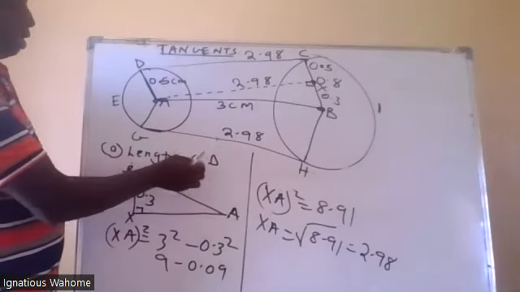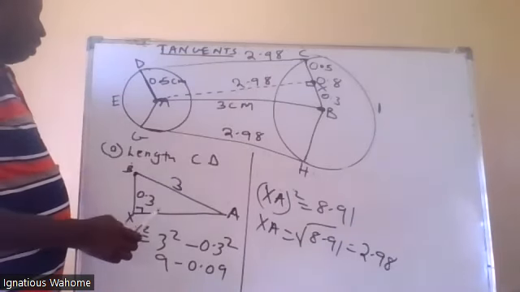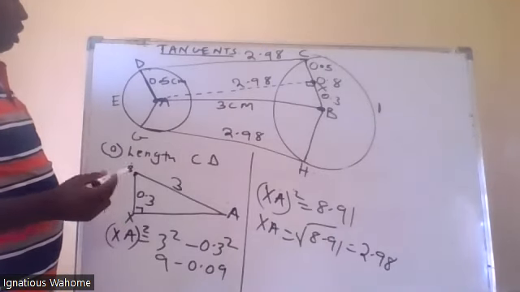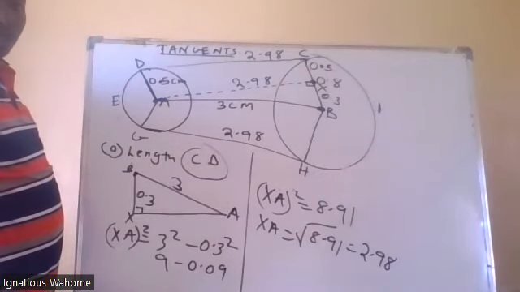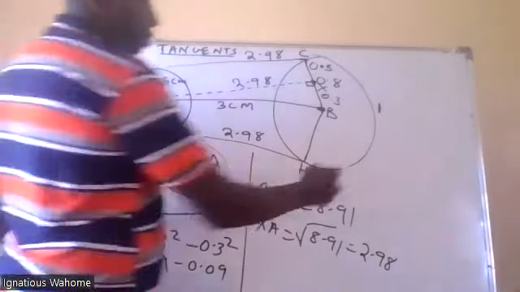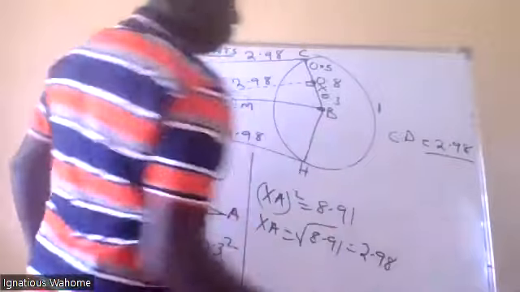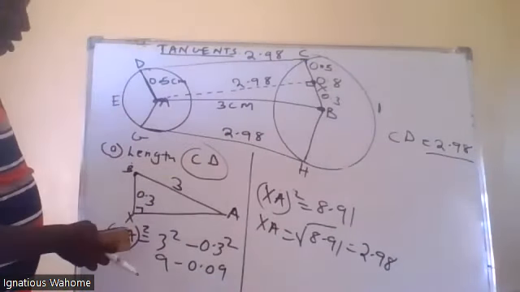So we already have the length of CD. That was question 1. Our CD there now is 2.98. So that one is done.